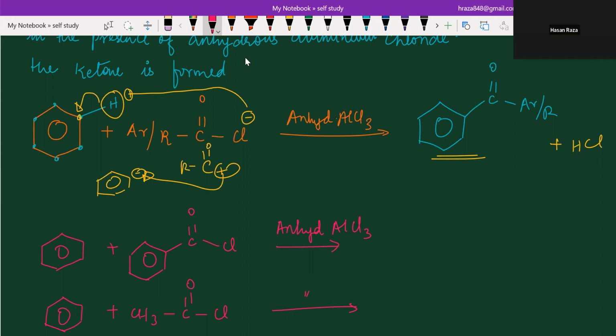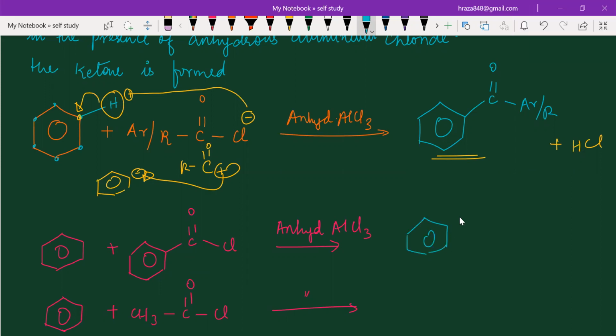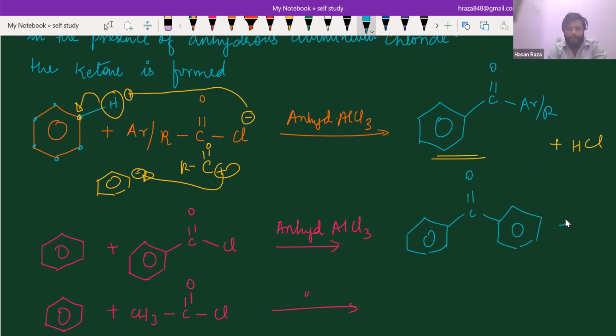Very good. What is the product you have got? Let me write the answer. So it will be C double bond O connected to two benzene, plus HCl. This is the product, and HCl is the byproduct.